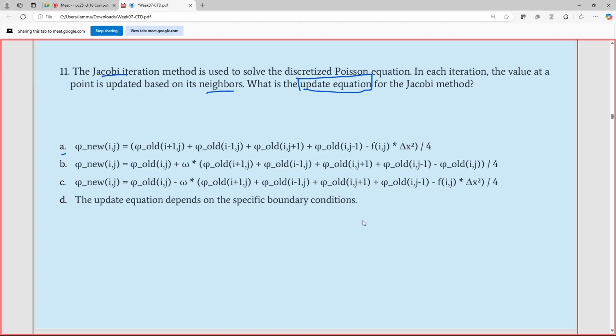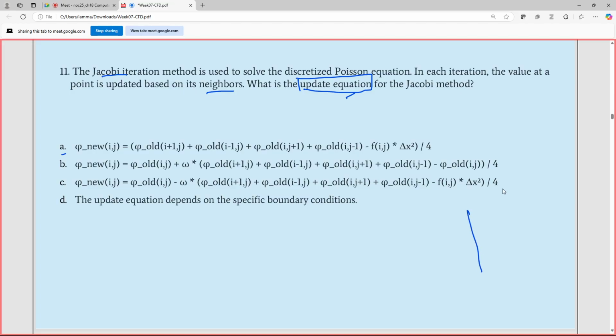So the question is on the general update equation for the Jacobi method. We have already discussed the difference between Gauss-Seidel and Jacobi methods, so from that you can try to answer the question.